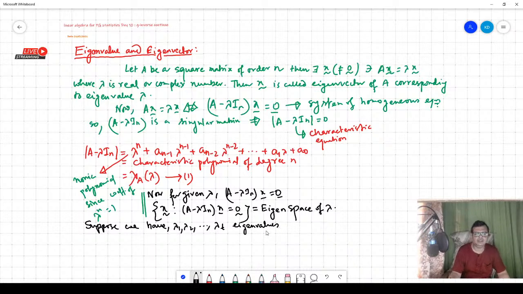For each lambda i, we get an eigenspace. I denote this eigenspace by E lambda. Then for each lambda i, we get E lambda 1, E lambda 2, ..., E lambda t.